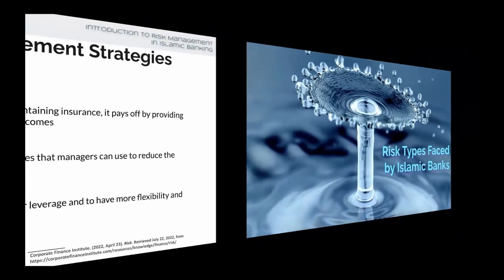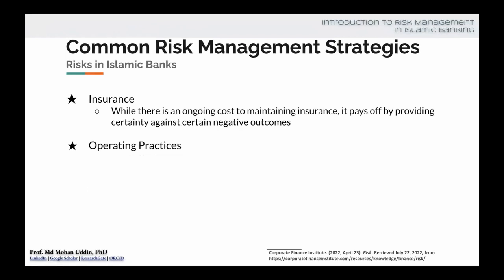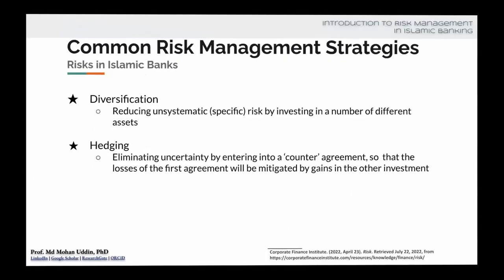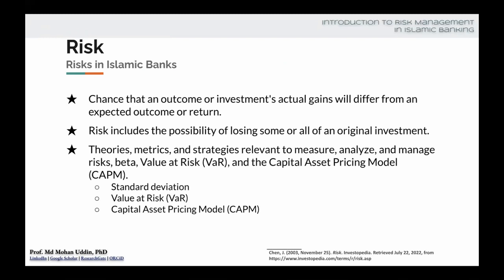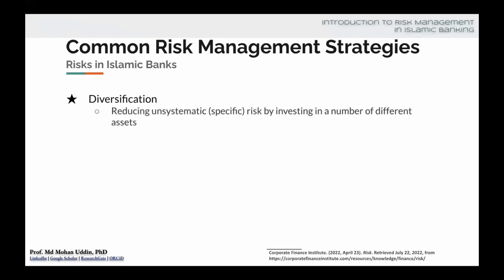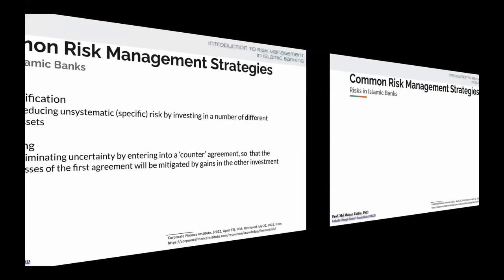Actually, business organizations will use a combination of all these methods, because not one single method can be foolproof for every type of risk. Okay, so you will see that a business organization sometimes is using diversification, and it is also using some kind of hedging for some kinds of risks.